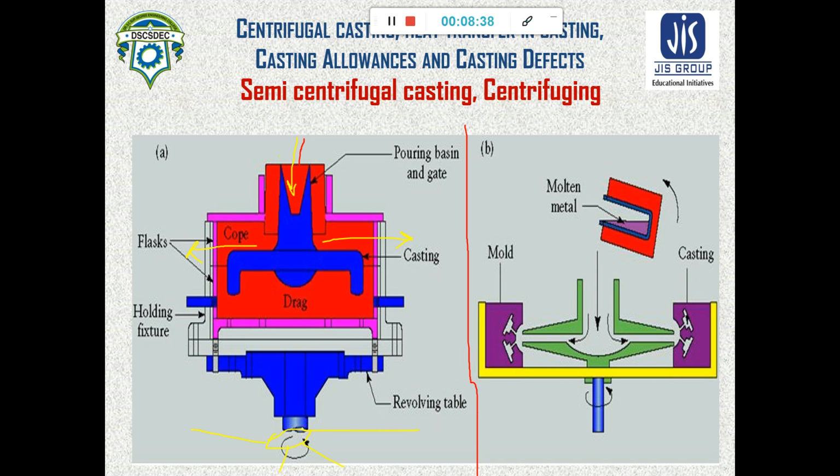What happened when the centrifugal force pushed the materials from the center position towards the outward position? To make this type of sprocket wheel, or any shape that has a rotational axis of symmetry, can be made using semi-centrifugal casting.